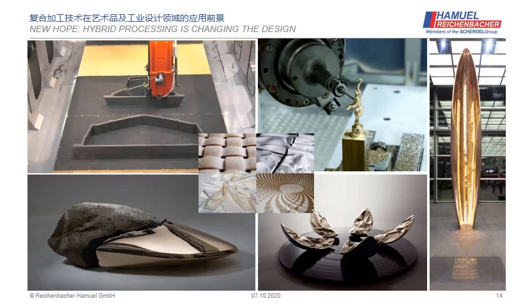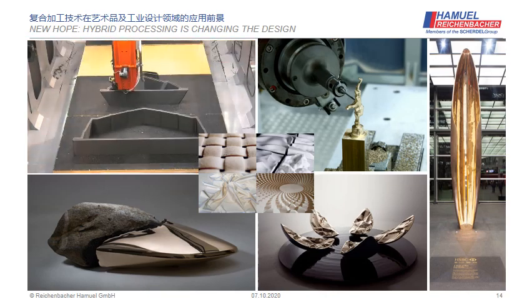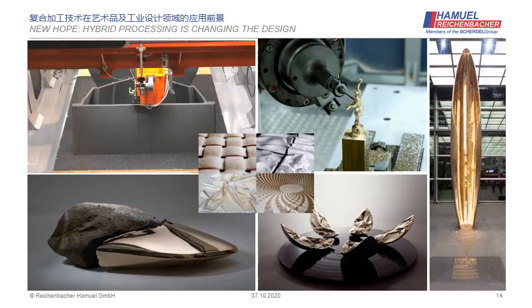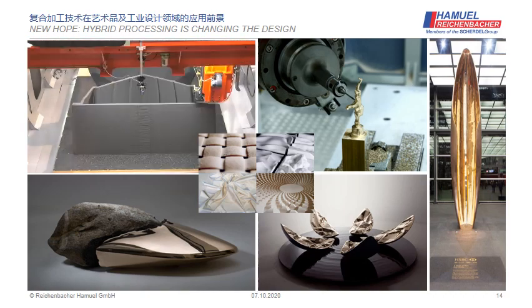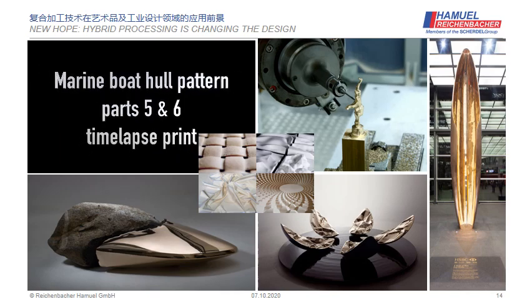You see, this is the first step, and the second step is using the five-axis mechanical machining, the traditional machining way, to get the fine surface.